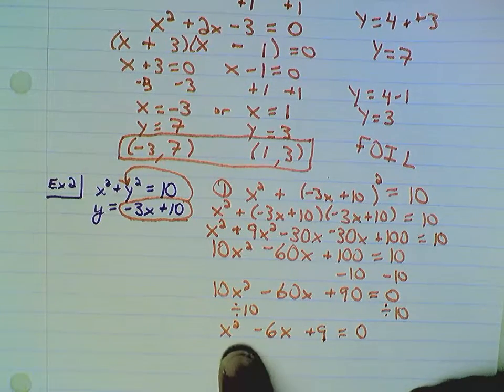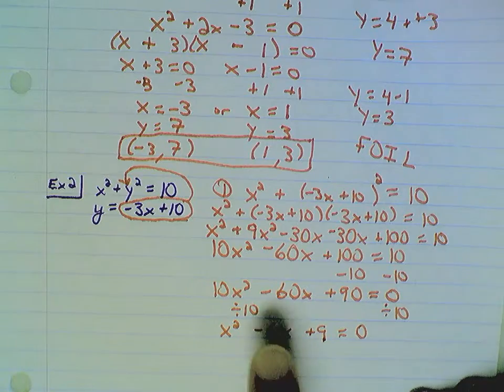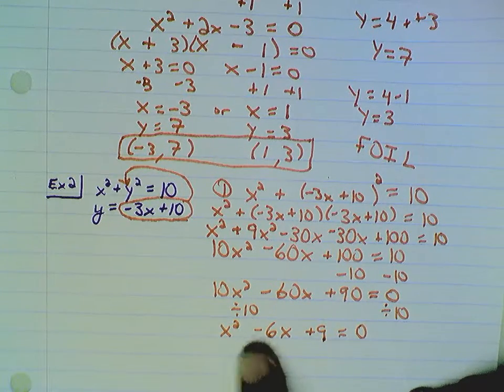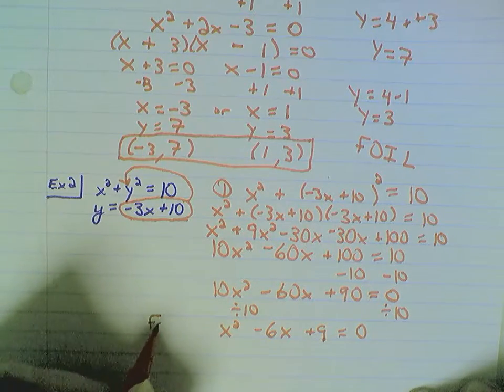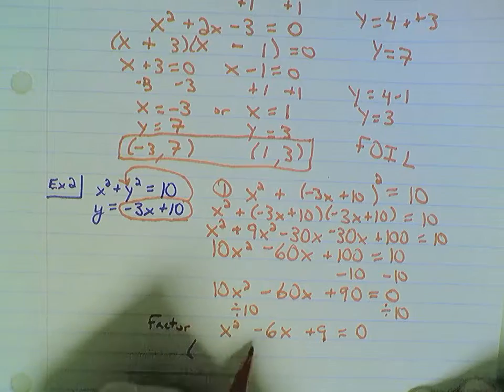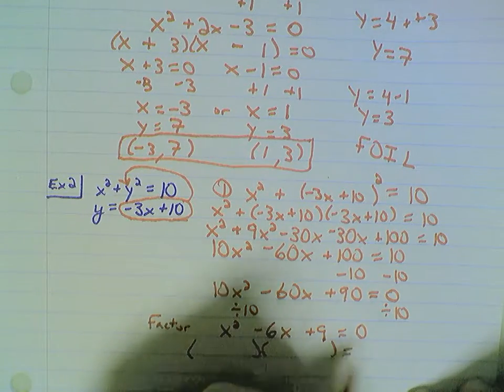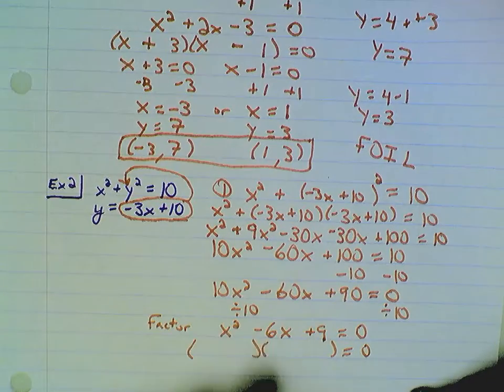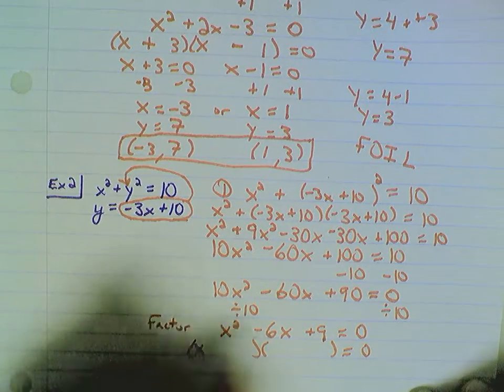And now, anytime I have a quadratic in standard form and it's equal to 0, I'm going to end up solving this by factoring. So I need to factor it to find the solutions. And if you recall, factoring means undoing the FOIL that we just did. So for instance, what times what will give me the x squared? Well, that's just x times x.